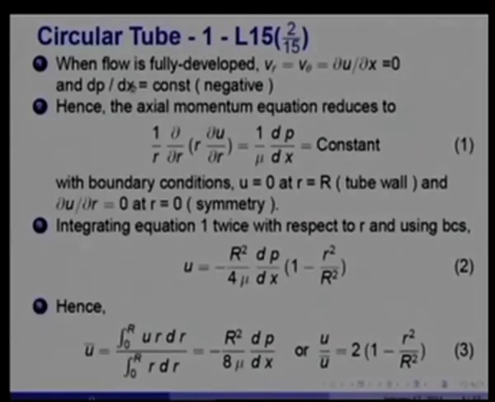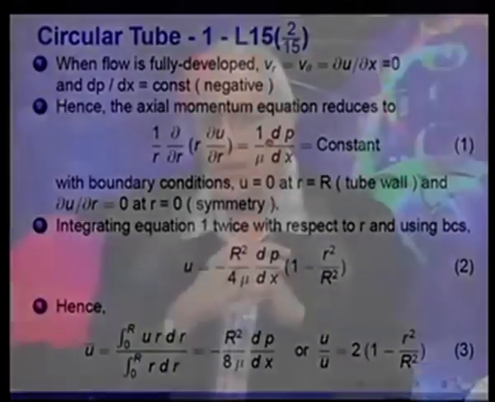Let us take the case of a circular tube, which you all very well know. This is simply to refresh your memory. When the flow is fully developed, then the radial velocity as well as the circumferential velocity components are 0, and the axial velocity gradient is also 0, because the boundary layers have now met, which results in the axial pressure gradient becoming constant.